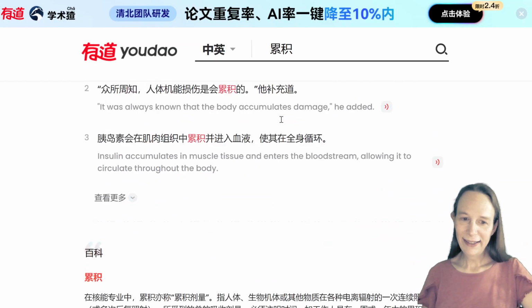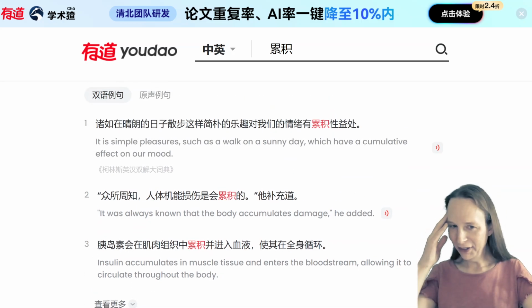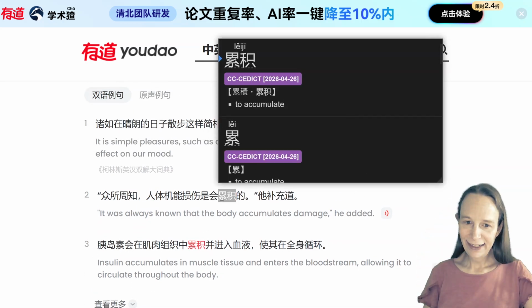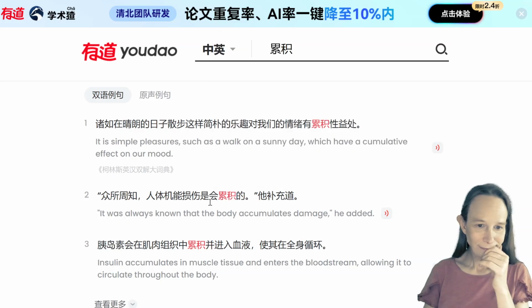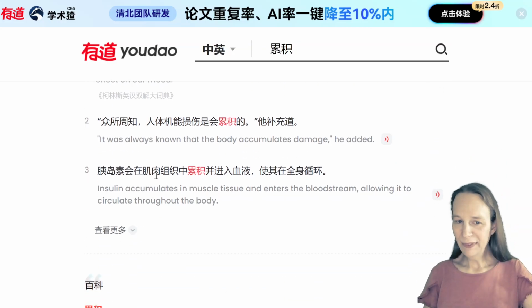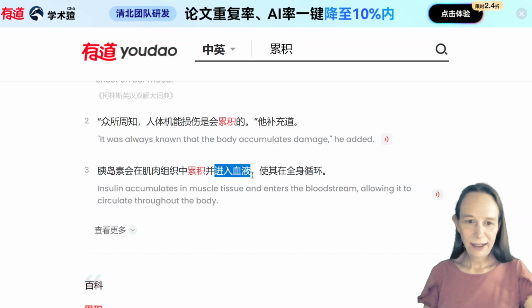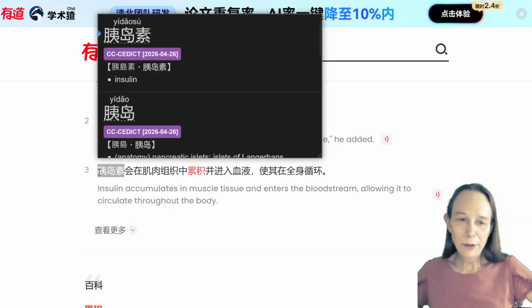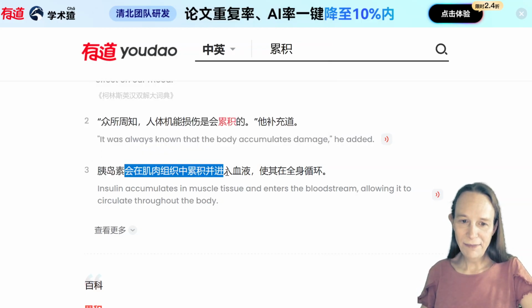This one seems to be used in different contexts, doesn't it? 肌肉组织中累积... 胰岛素 insulin accumulates in the muscles and enters the bloodstream. All right.